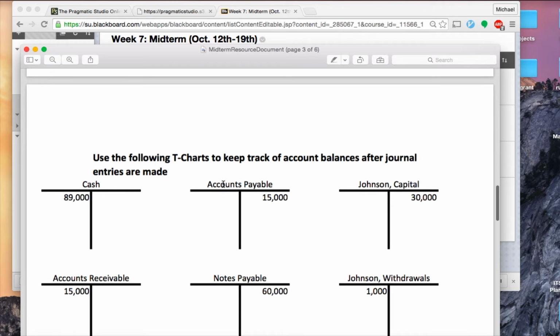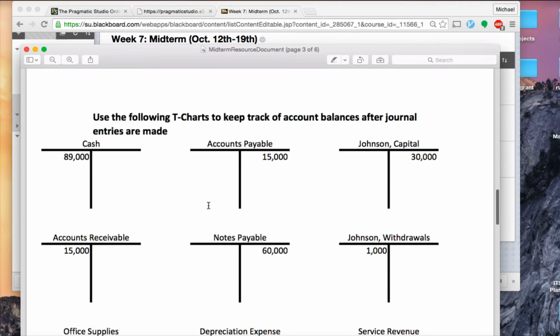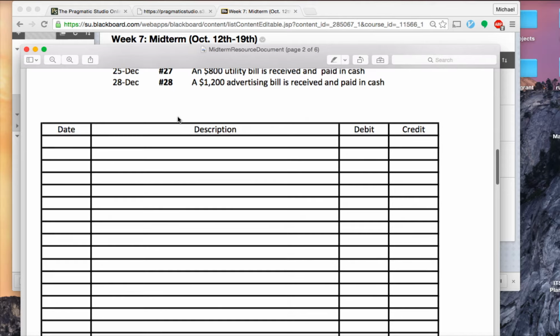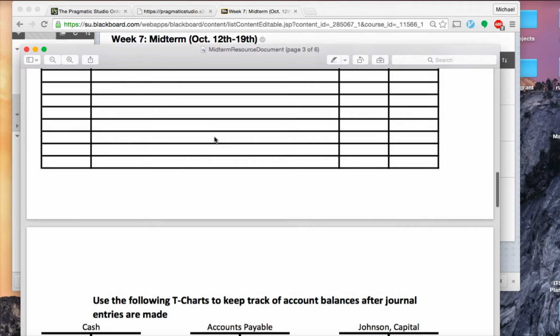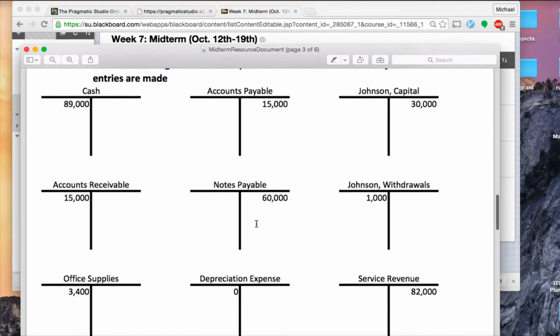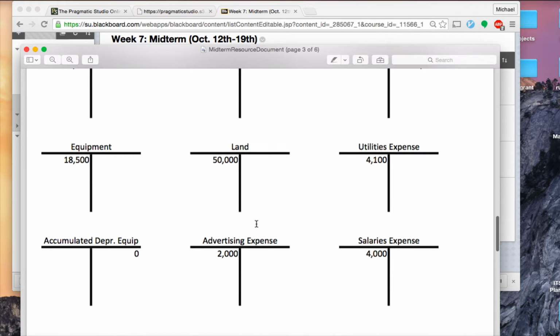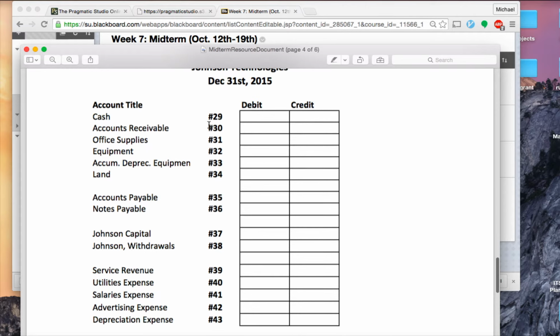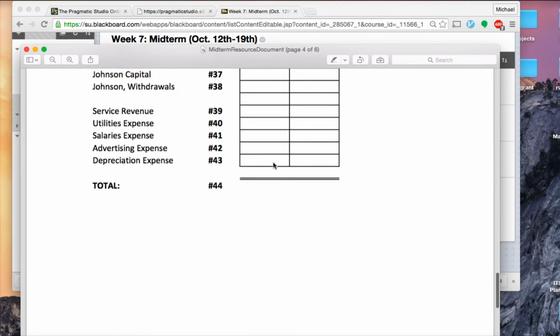Then you see T-charts, and they already have the balances filled in from that first trial balance. So you will just have to add the numbers that you got from these journal entries to these T-charts. And then once you have those numbers added, you'll want to go ahead and fill in the net totals from each account into either the debit or the credit side here.